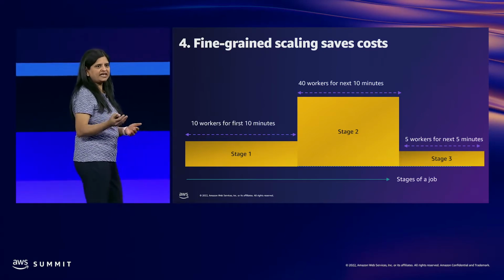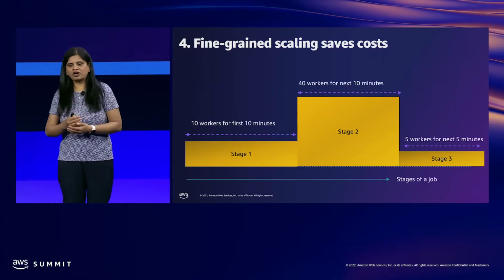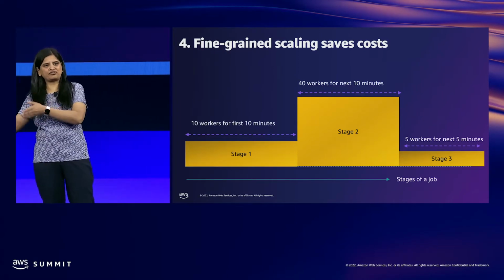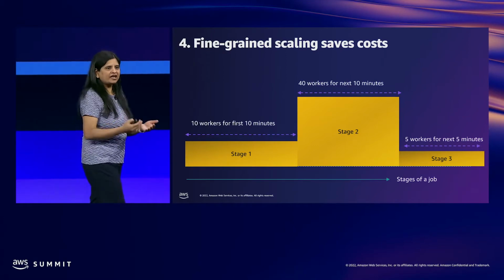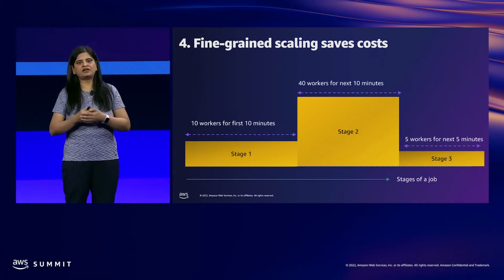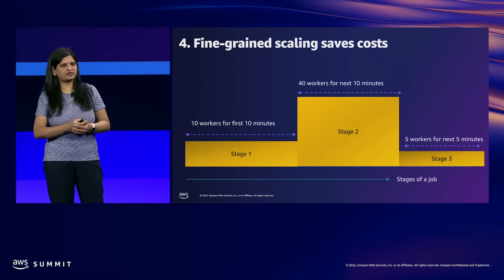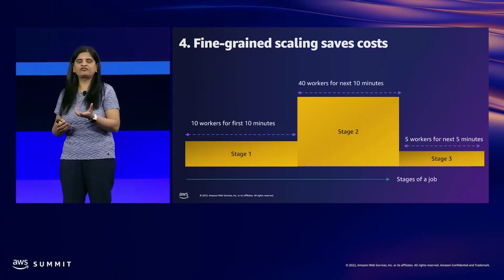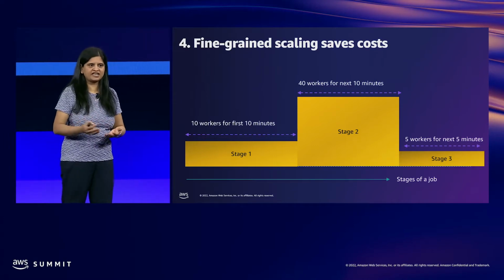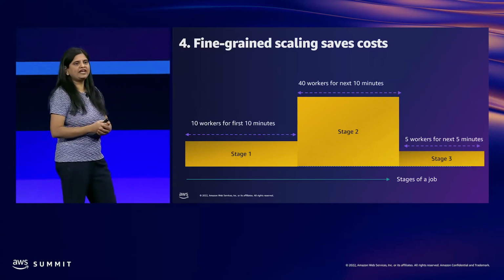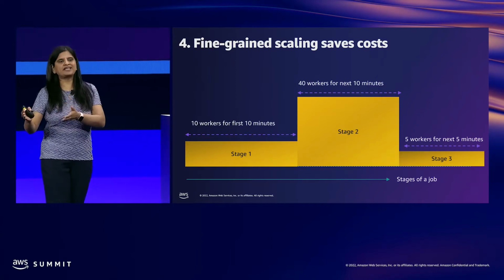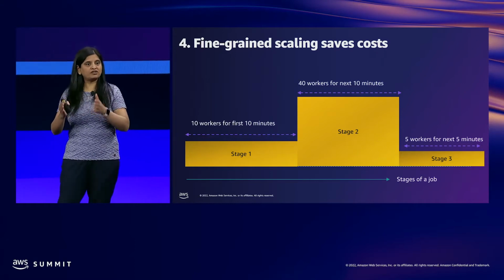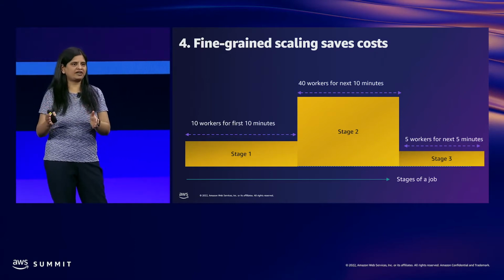So with fine-grained scaling, EMR Serverless automatically spins up the required number of workers at each stage of your job, and that will allow you to maintain and lower your cost of running your jobs, because now your workers are only running for the duration of the time they are needed at each stage, and you are only incurring costs for the aggregated vCPU, memory, and storage for the workers during the runtime of that stage.